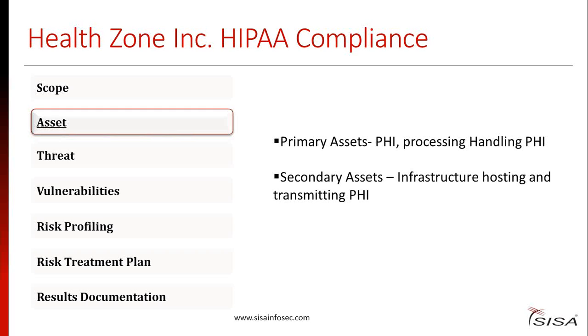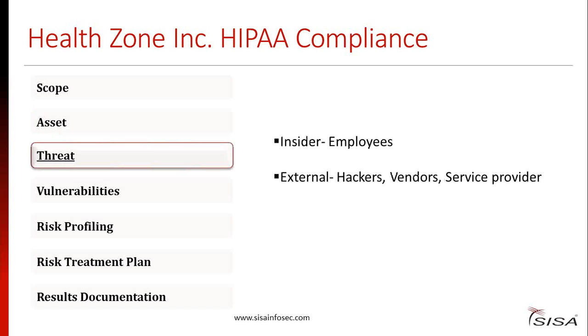When we have identified the asset, the next thing that we have to identify is the threat. A threat that can impact the security and privacy of your asset. It may be insider, it may be external, it may be deliberate, or it may be accidental. So when we say insider threat, it's your employees.